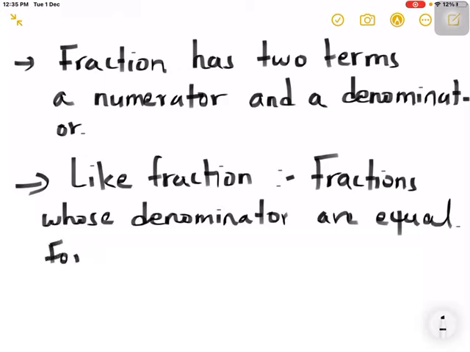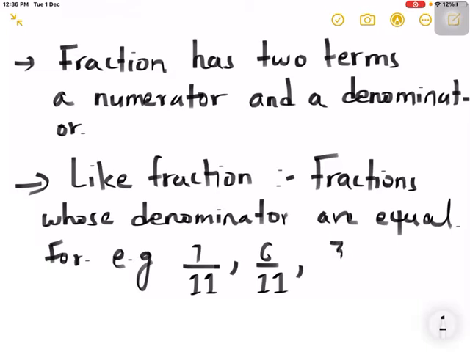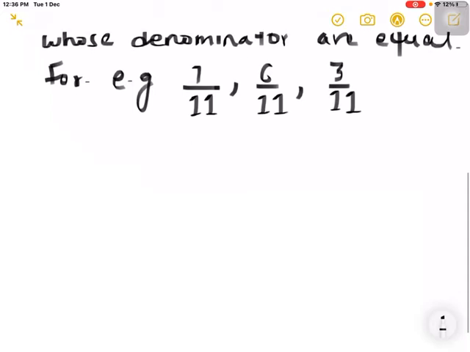For example, 7 by 11 and 6 by 11 are this type of fraction, because their denominators are the same.